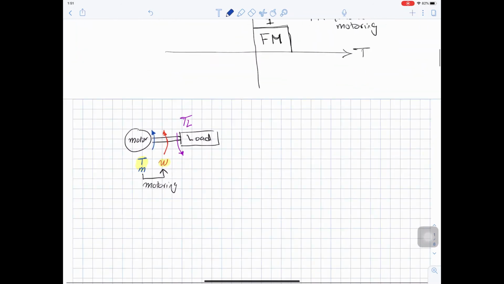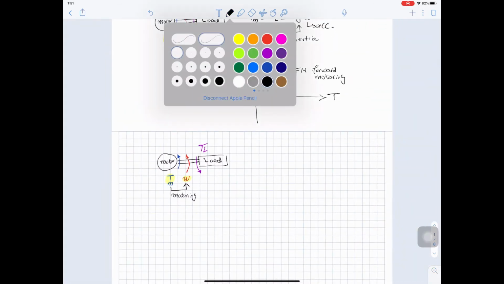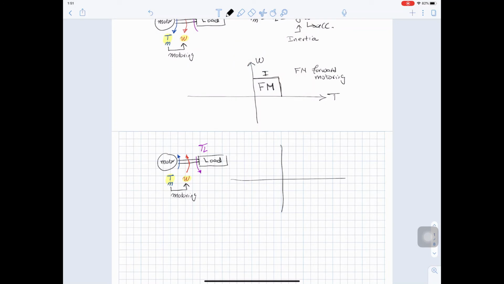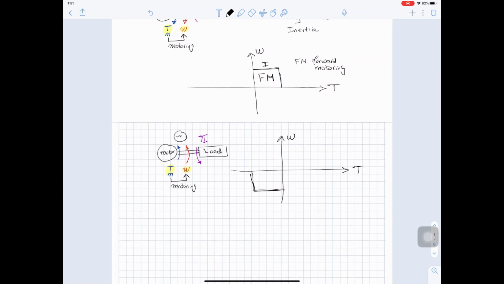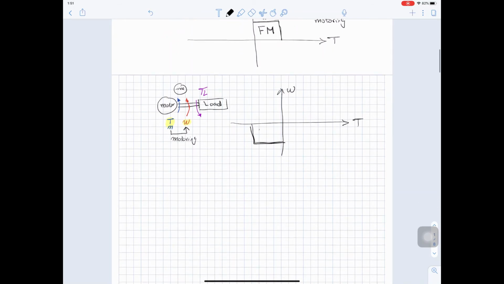So if we sketch the torque speed characteristic here, it is speed and torque. So we are here. The torque is negative and the speed is negative. So assuming this direction is the positive direction, this direction will be the negative direction. And we are doing what is called reverse motoring, or quadrant 3.